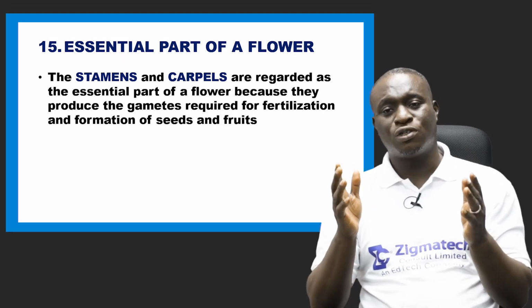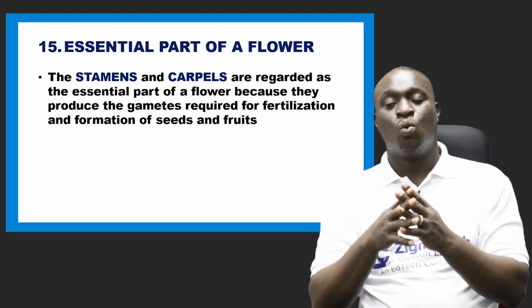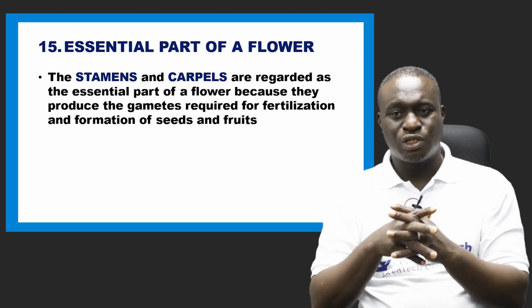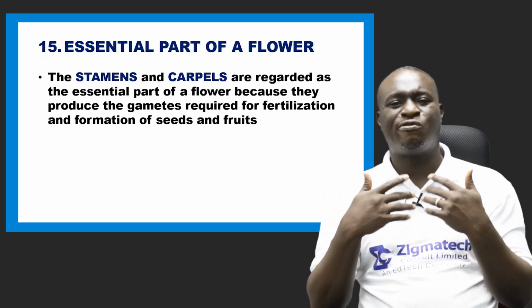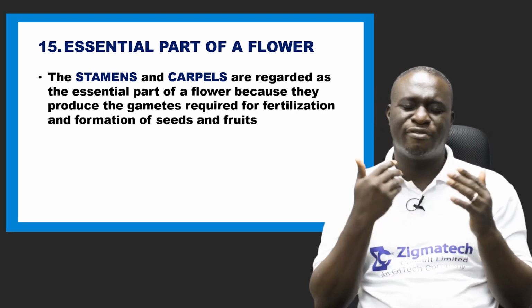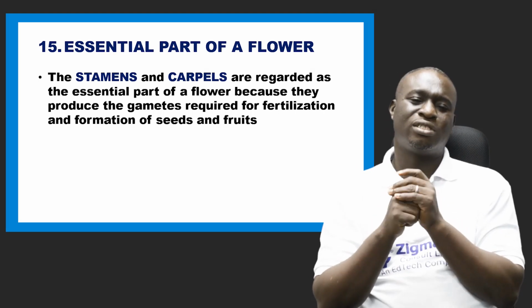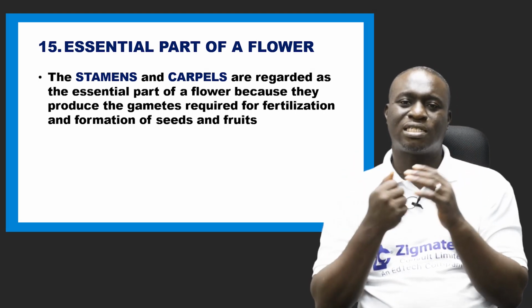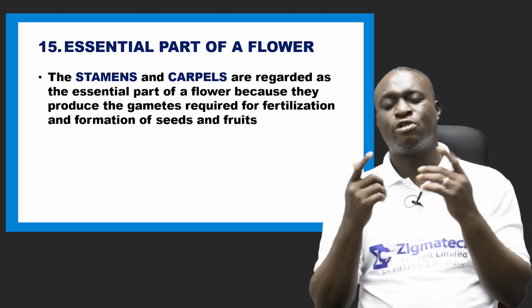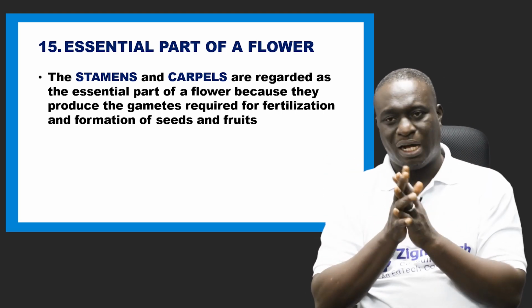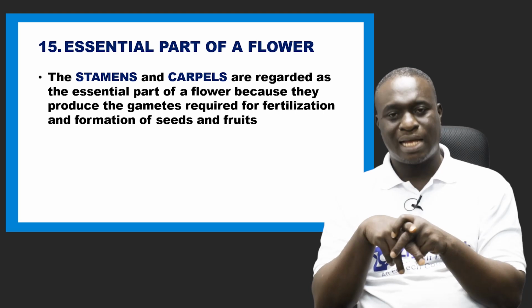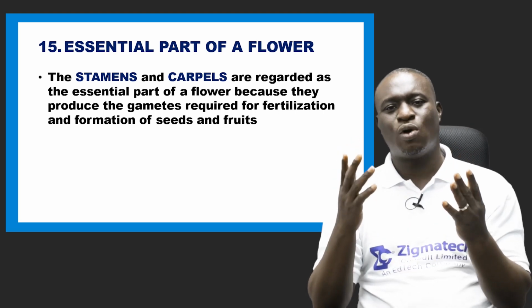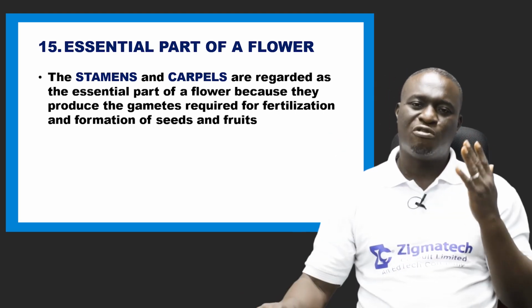It is simply because they produce gametes which are required for fertilization, and they bring about the formation of seeds and fruits. In fact, reproduction takes place with the help of stamens and carpels. So they are referred to as essential parts.